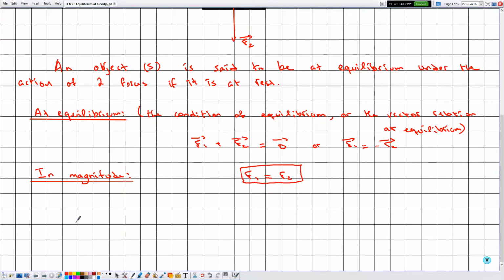And in general, for the equilibrium condition, we have the following to be true.